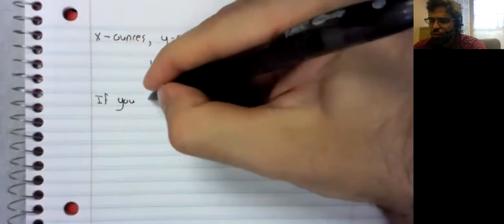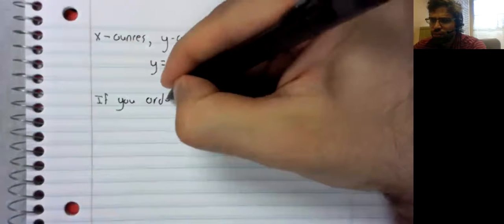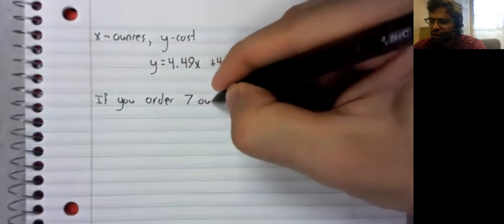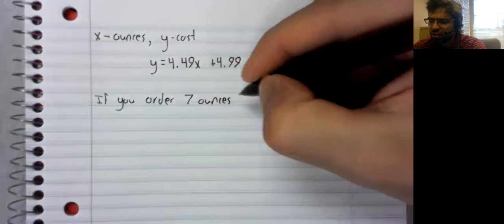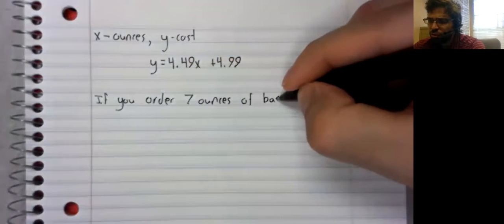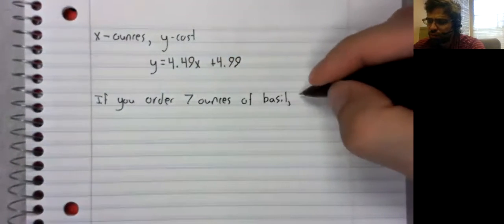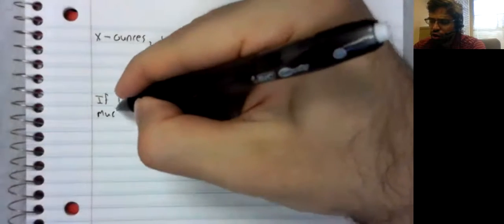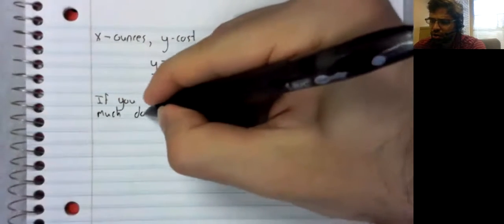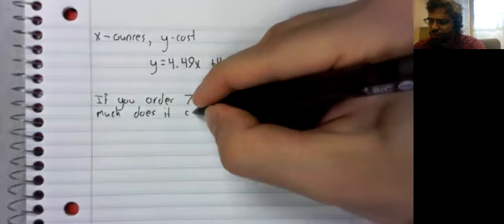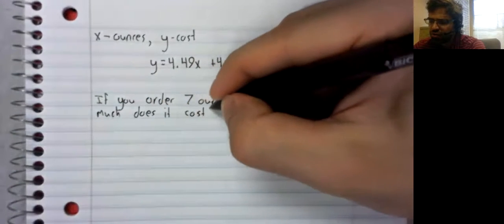And now let's ask, if you order 7 ounces of basil, how much does it cost?